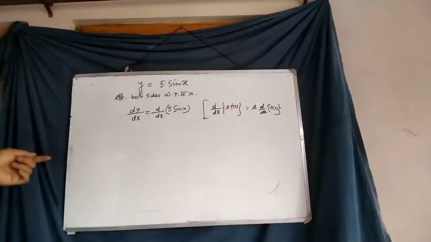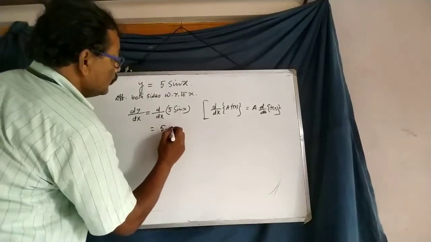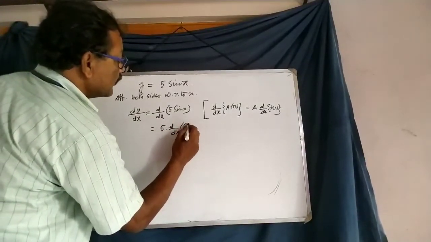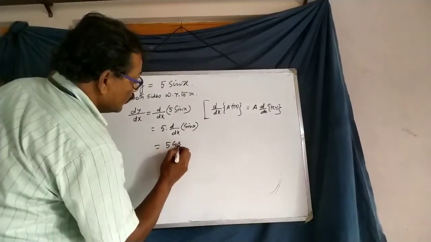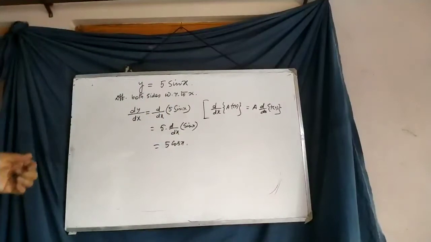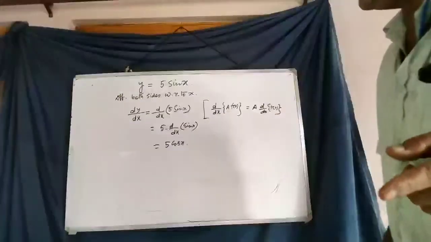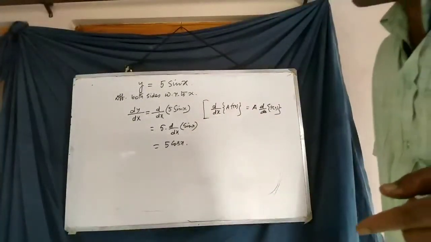So here we will get 5 into d/dx of sin x. The result is 5 cos x, because d/dx of sin x is equal to cos x. I have discussed this in the previous class. You have to know all the formulas. This is a formula: d/dx of sin x is equal to cos x.